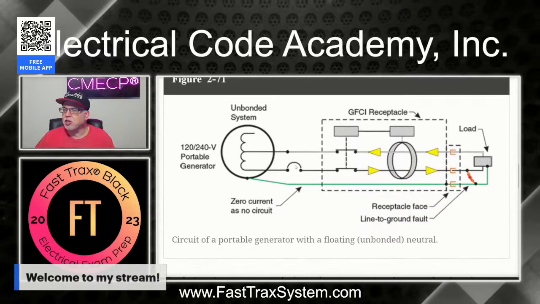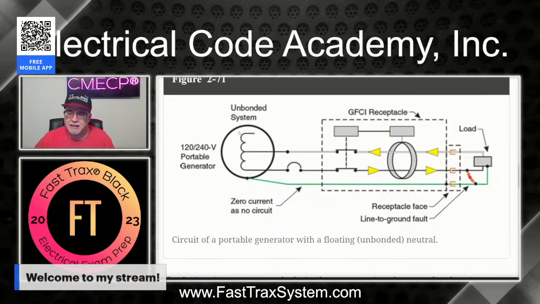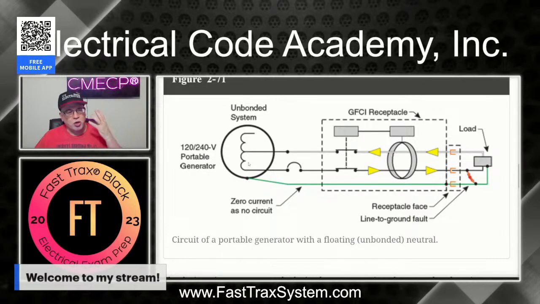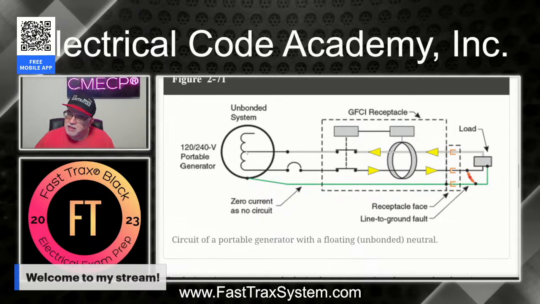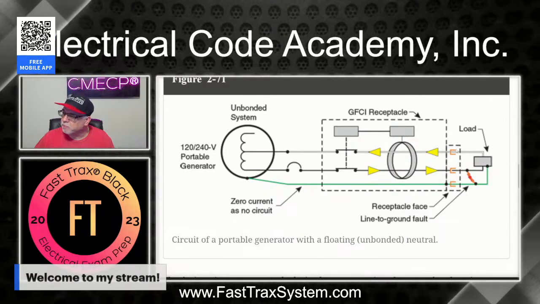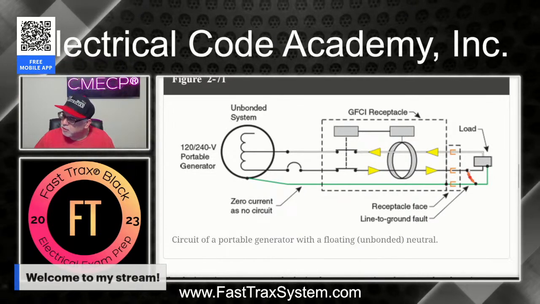Let's look at what happens when you have a generator that does not have the bonding. Here's a portable generator. It's unbonded, so this is the floating neutral type of generator. We don't have any connection over to the frame. Here's our GFCI receptacle, and here's our load plugged into it. And now we have this ground fault.